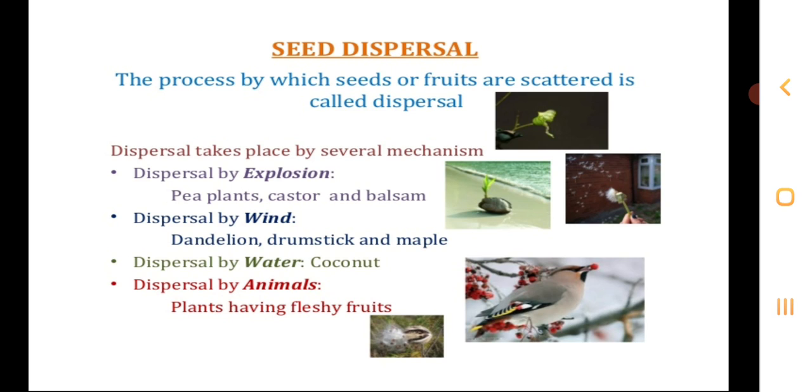The examples in this part are very important because it can be asked which of the following shows dispersal by explosion. For example, pea plant, castor or blossom. Dispersal by wind: drumstick, dandelion, maple. Dispersal by water: coconut. These are the examples you have to learn by heart.